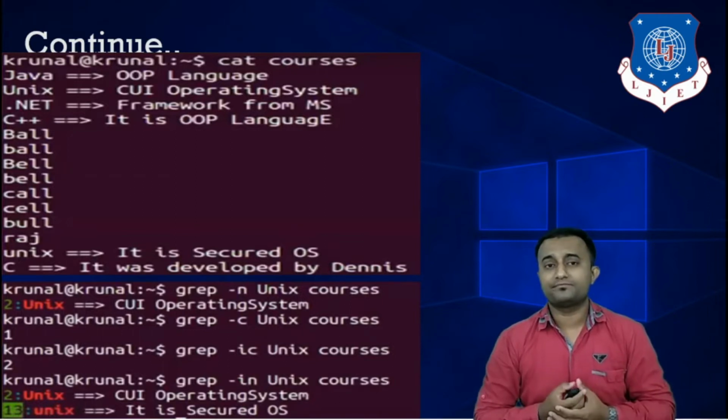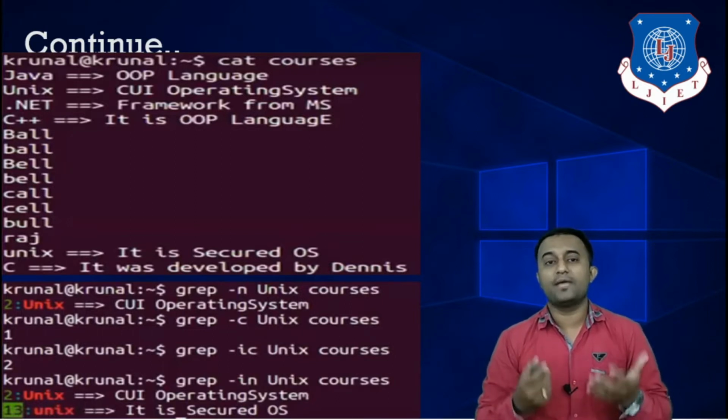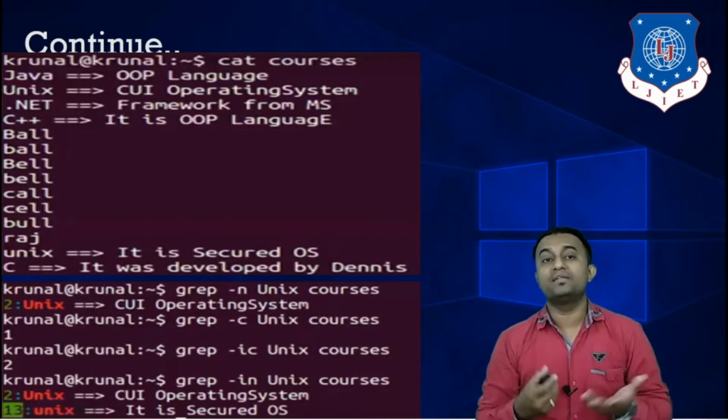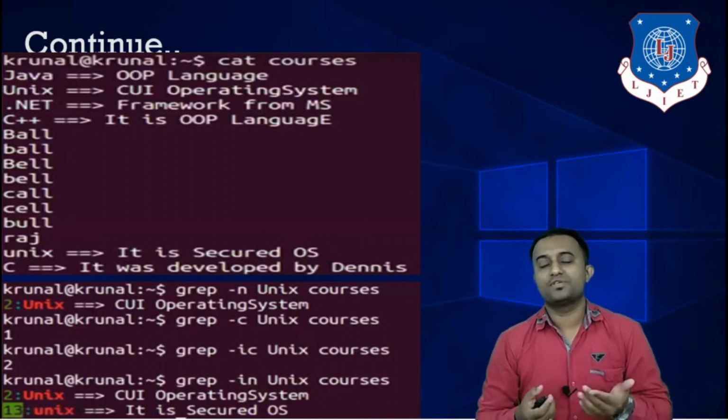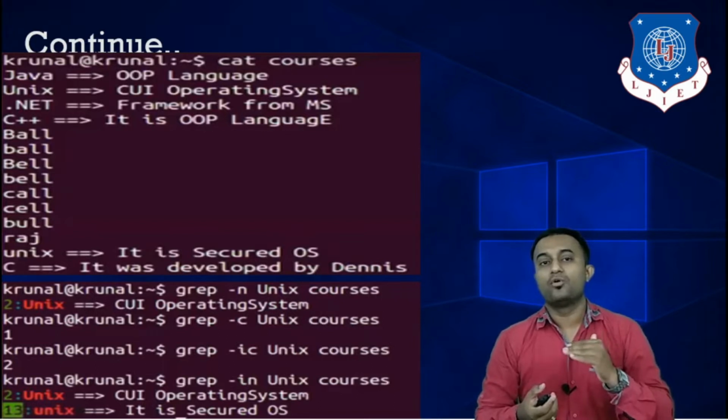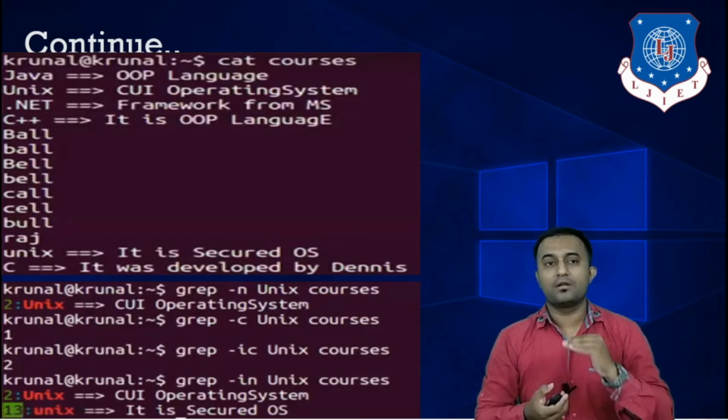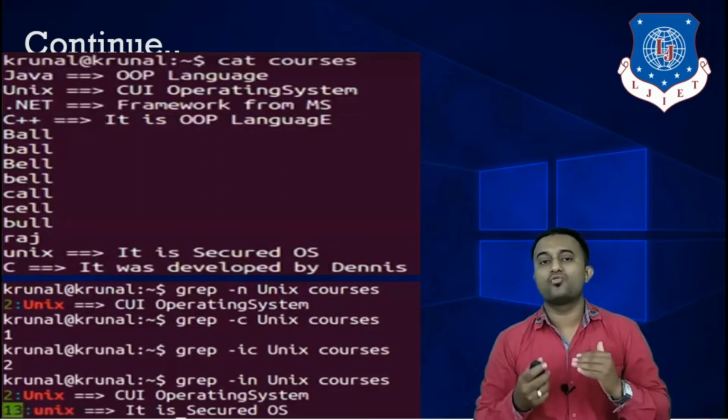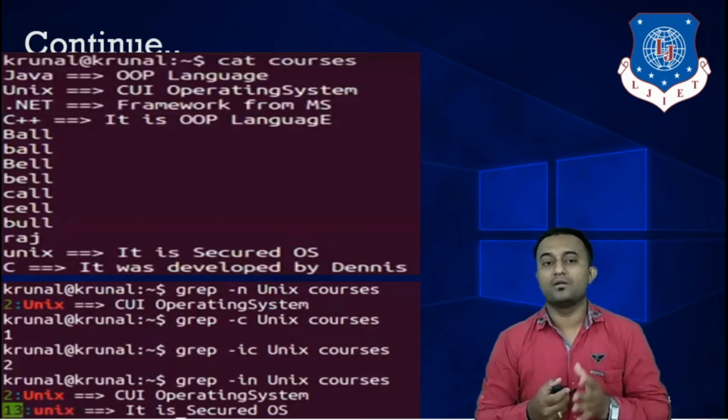One more option we have in grep is -n. -n means, if you want to print the line number, suppose you retrieve a particular row from this file, and you want to display which line number it is, in that case you can use this -n option.